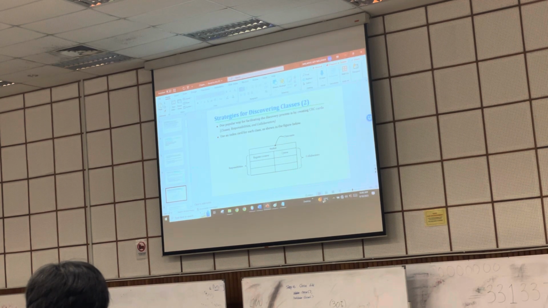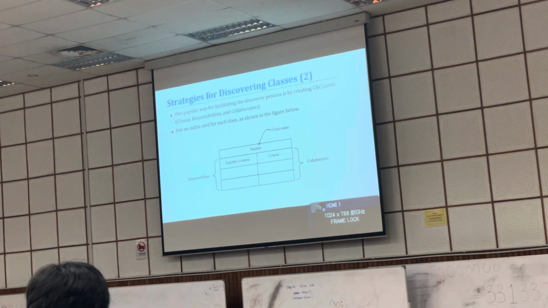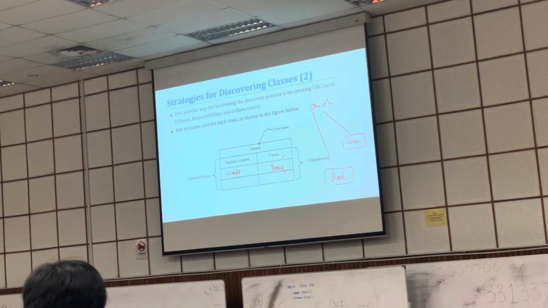That means now you already know a student must have a link to a course. Let's say this one can create booking. You already know this one must have a connection to the booking. This is a famous method as well. Okay?